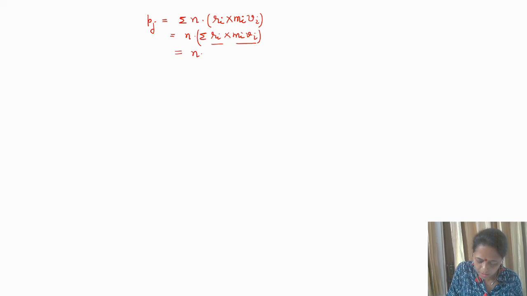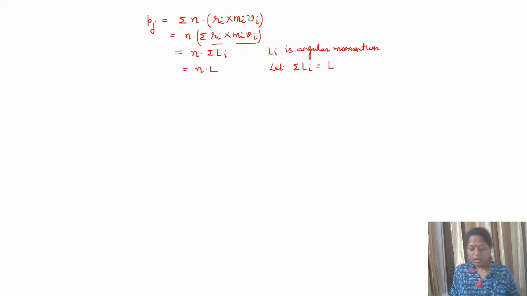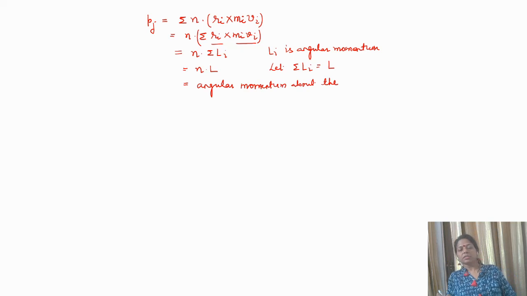Let me write it to be Li, where Li is angular momentum. Let sigma of Li be denoted by L. So it is n dot L. Now this becomes the angular momentum about the axis of rotation, because n is representing the unit vector along the axis of rotation.